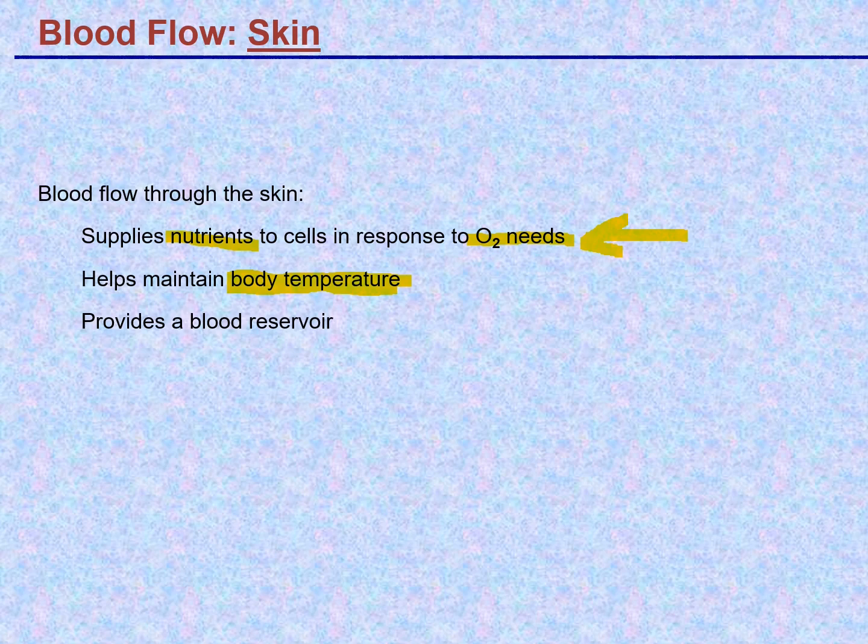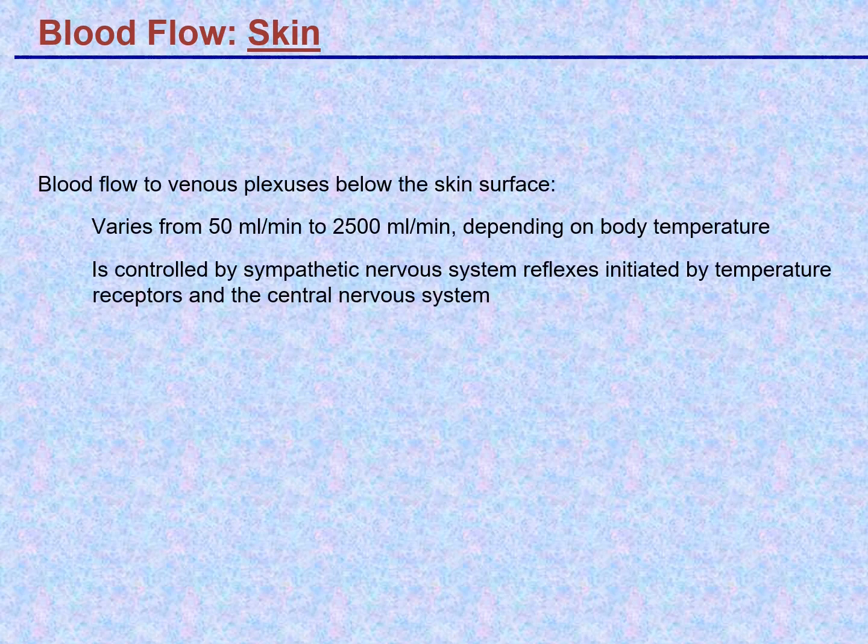The skin can also act as a reservoir of blood, because it can have enough vasodilation or vasoconstriction to shift more blood into the rest of the circulation, or less blood into the rest of the circulation. Blood flow in the skin is also not just through the usual arteries, arterioles, capillaries, venules and veins, but also into large expanded areas called plexuses, or networks, venous plexuses just below the skin surface.